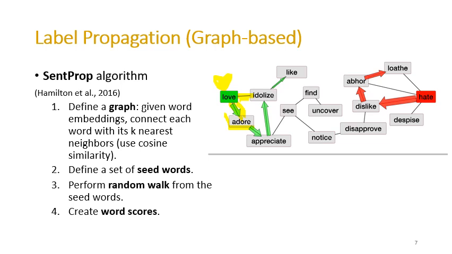So from adore, again, you throw a random number to see where you're going. Then suppose you're going to the word appreciate, and then you just keep doing this.